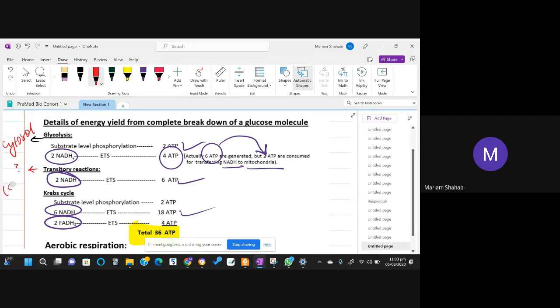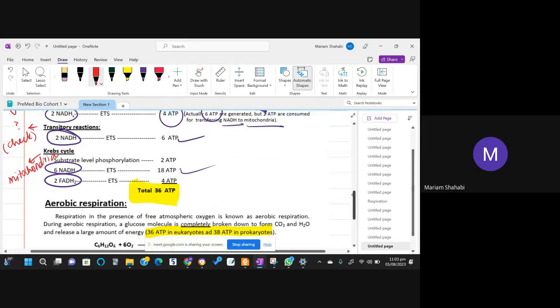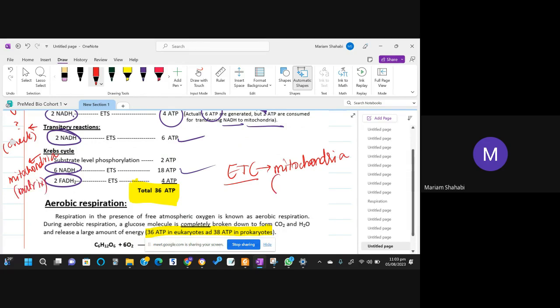Krebs cycle happens in the mitochondria. These are the 3 steps, these are their locations. Obviously our electron transport chain is also in the mitochondria. The Krebs cycle happens inside the matrix. This happens in the membrane, the inner membrane.